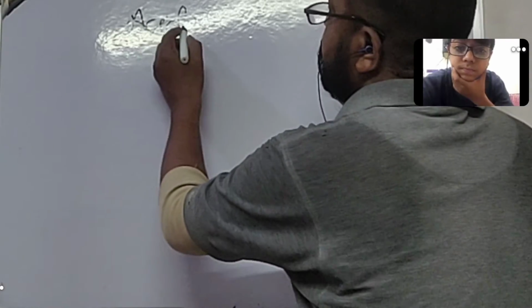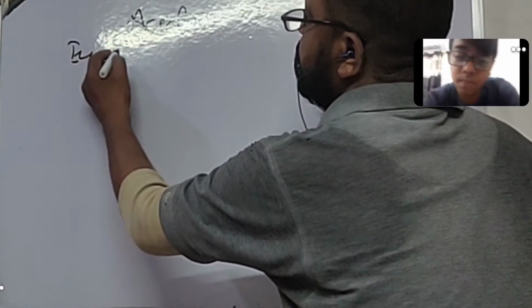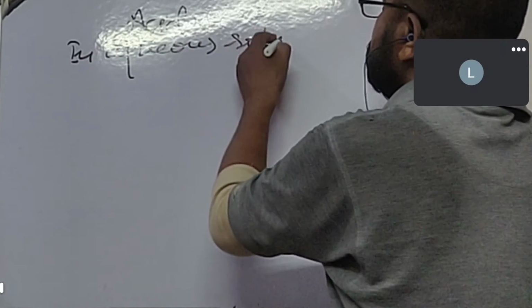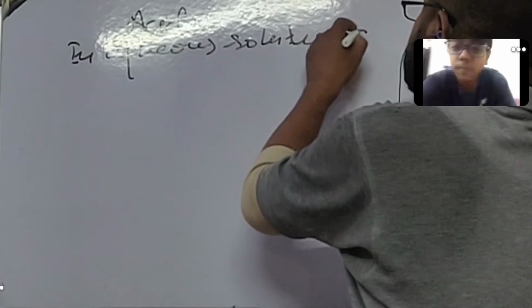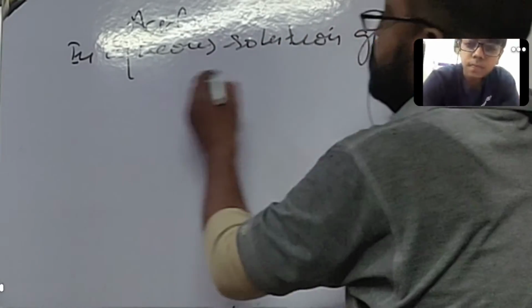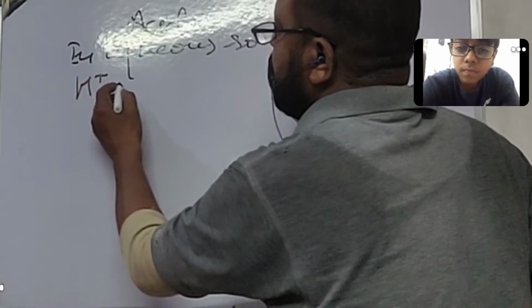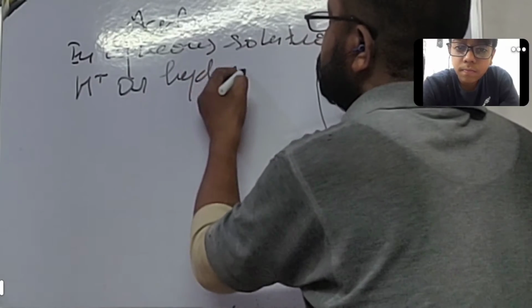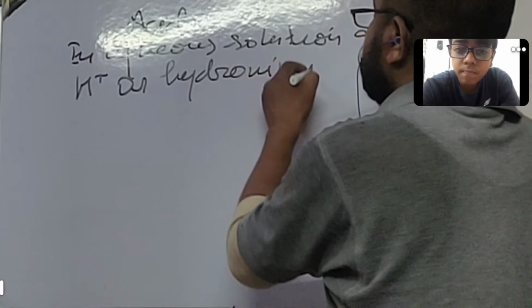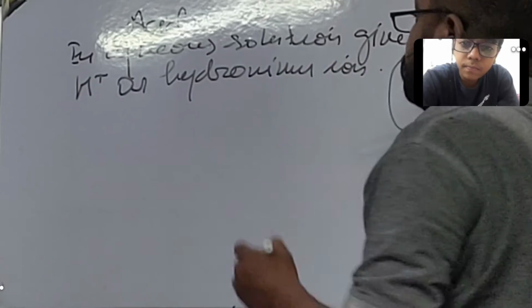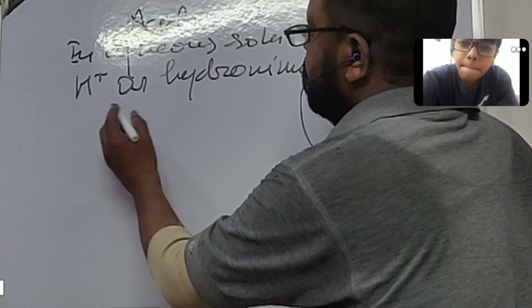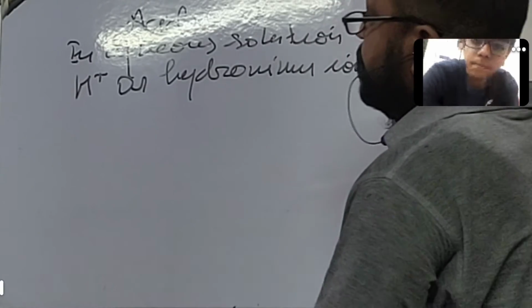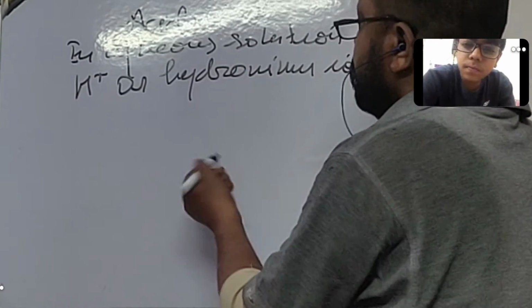Acids in aqueous solution give H plus ion or hydronium ion, right? So in aqueous solution an acid gives an H plus or hydronium ion.